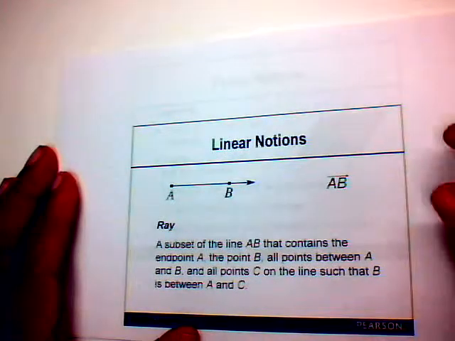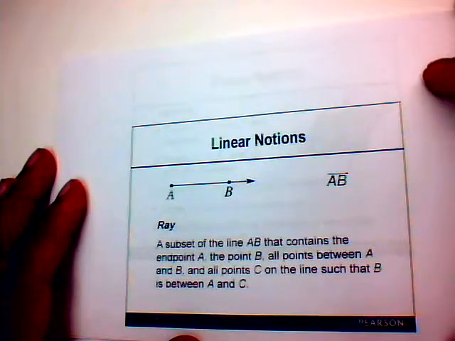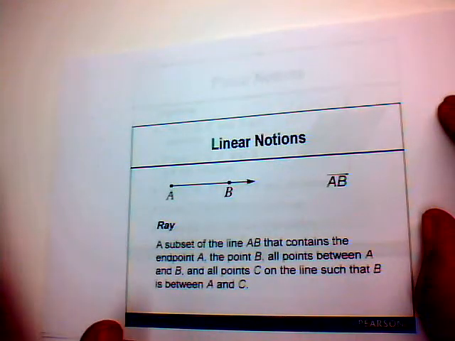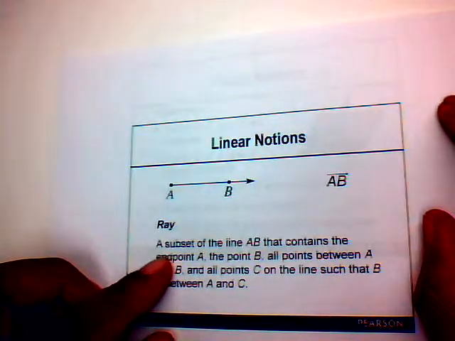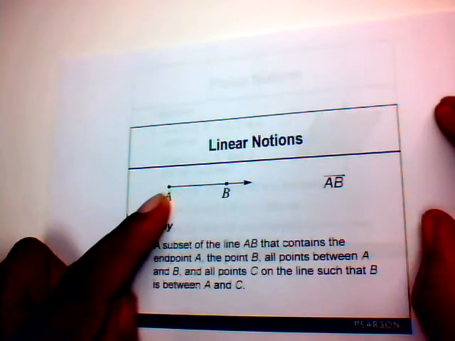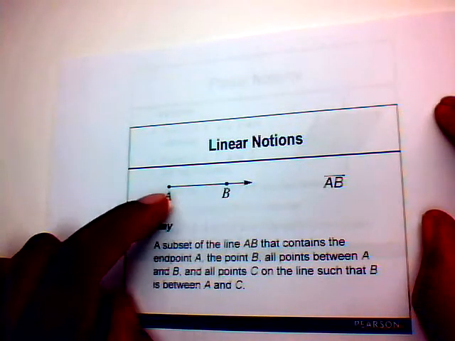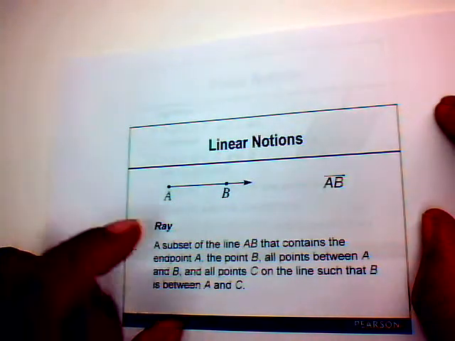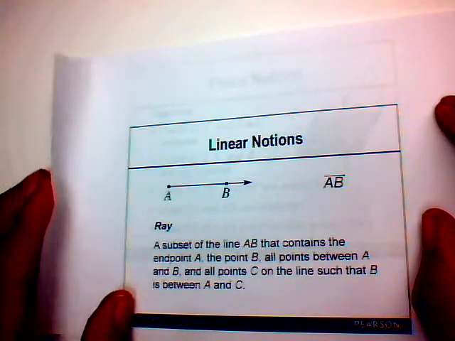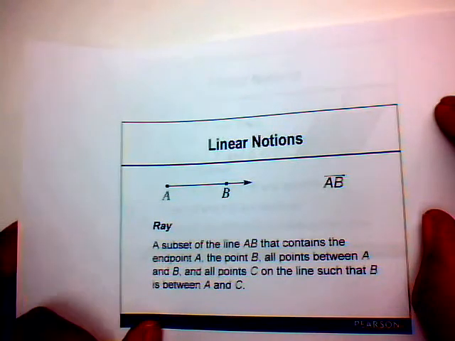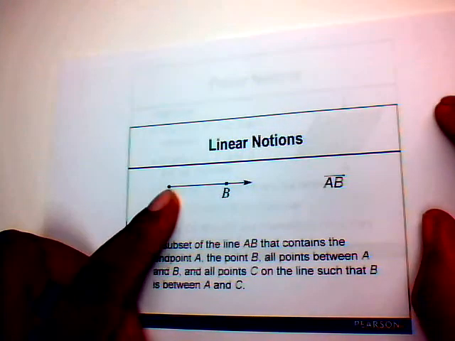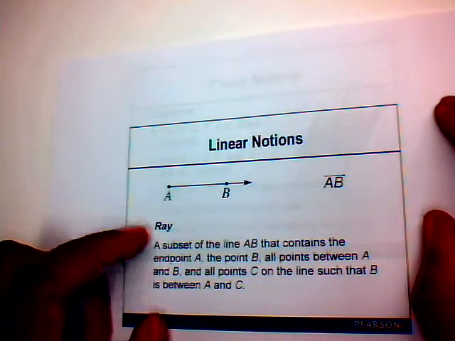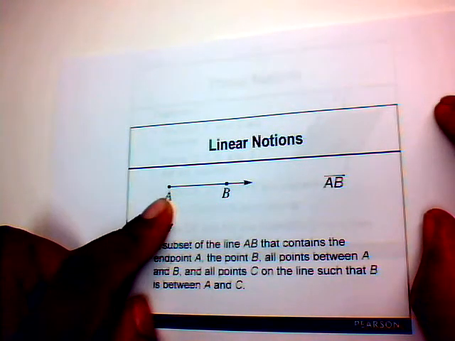Okay. Another type of geometric figure is a ray, which is a subset of the line AB that contains the endpoint, which is A, the point B, and all the points between A and B, and all points C on the line such that B is between A and C. In other words, a ray extends in only one direction without end, and it does have a single endpoint.